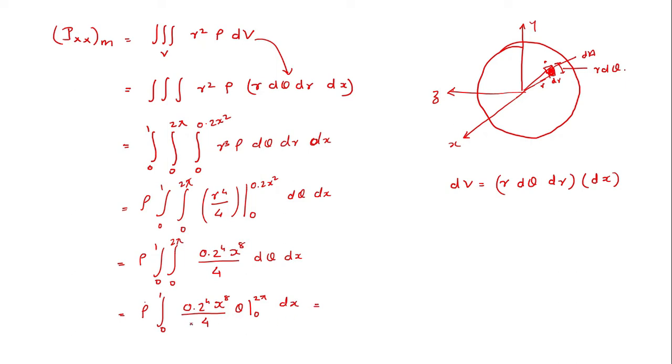Now I shall integrate with respect to dx. So I will get rho into 2 pi into 0.2 raised to 4 x raised to 9 whole divided by 4 nines are 36. The value varies from 0 to 1.